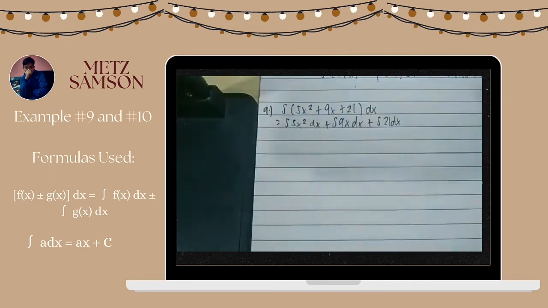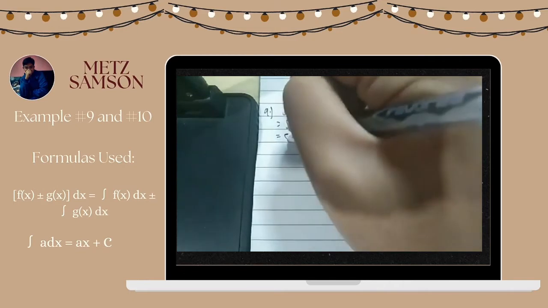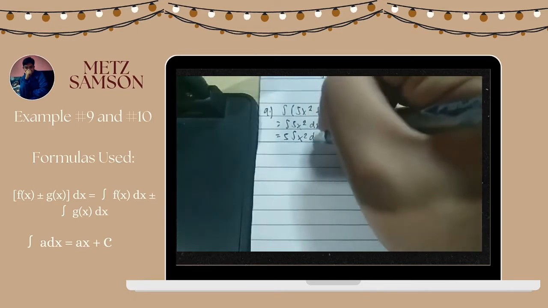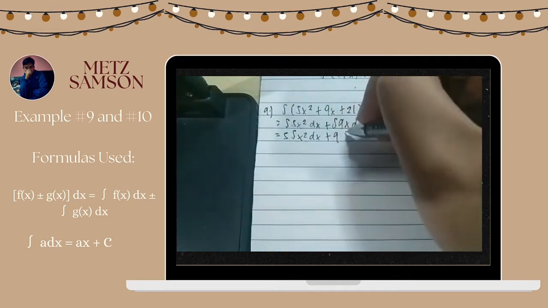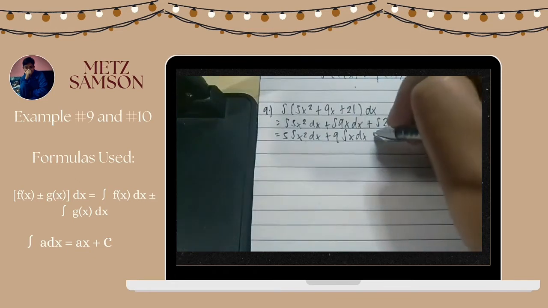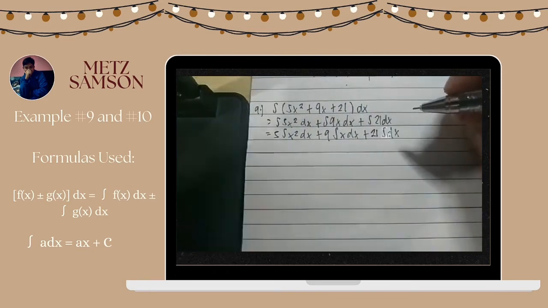By using our rule, we can remove the constants from the integral, giving 5 integral of x squared dx plus 9 integral of x dx plus 21 integral of dx.